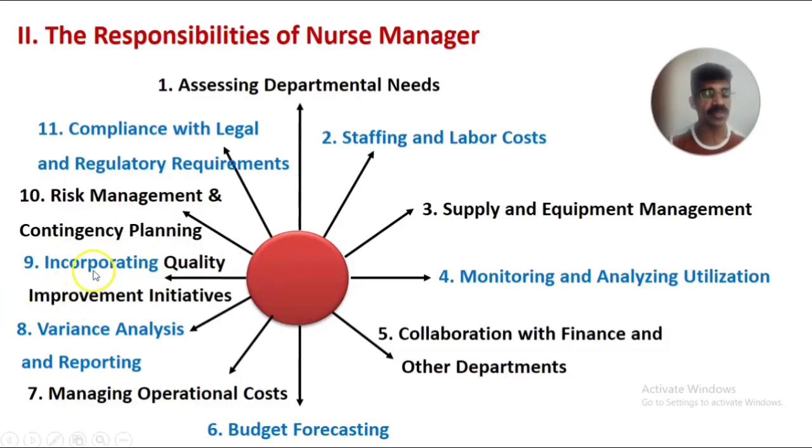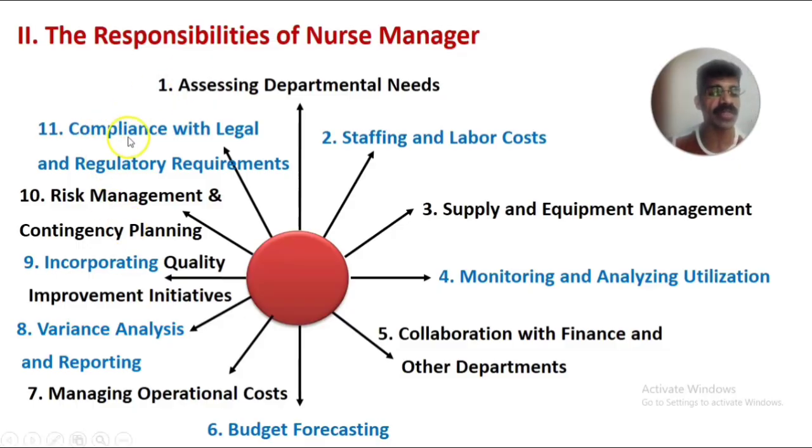The ninth responsibility is incorporating quality improvement initiatives or programs in the hospital based on the available budget. The tenth is risk management and contingency planning: managing emergency situations or disasters, that is, contingency planning of the budget for emergency management and emergency utilization of the available budget.